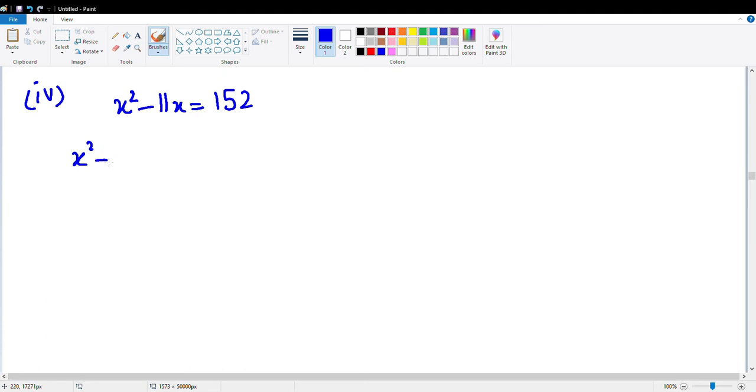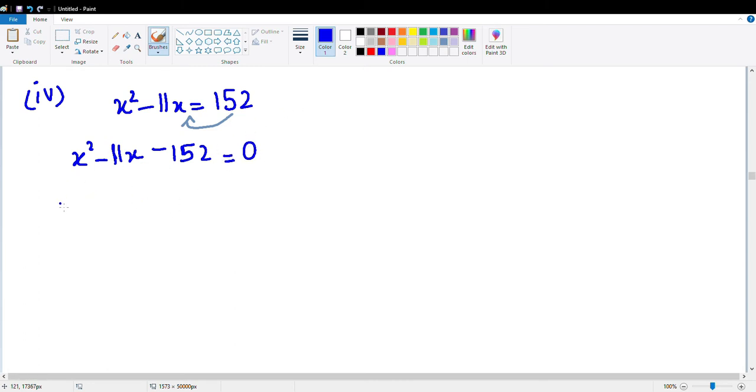So we have x squared minus 11x, and we're going to take 152 to the other side, and we'll get minus 152, because its sign will change. It's positive right now, it's going to be negative.